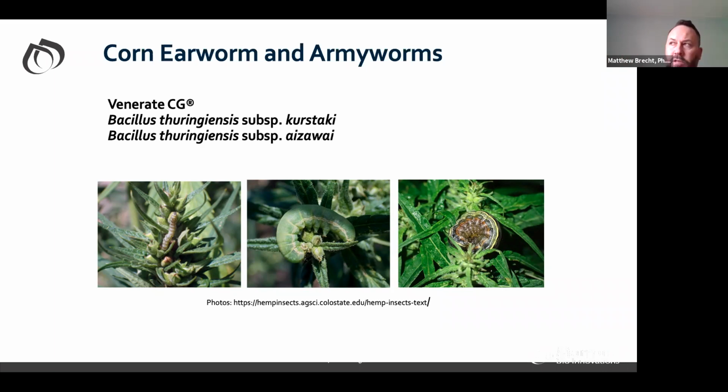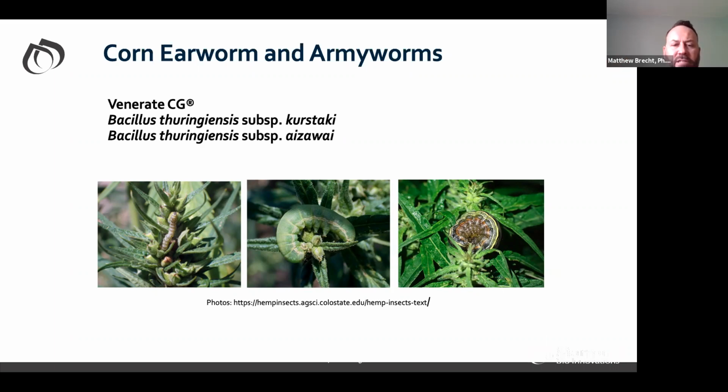All the university researchers and a lot of the head growers are saying to combine both the subspecies that we have products for together with Venerate CG and apply these early on at flower formation, and then once every 7 to 10 days until about 60 or 70% of the cola has formed.